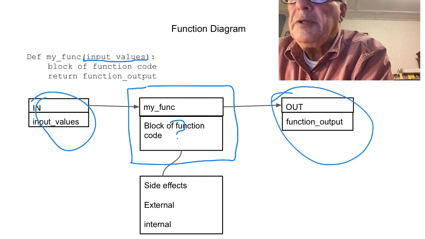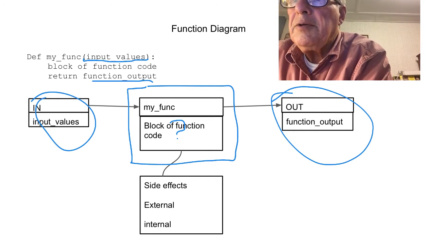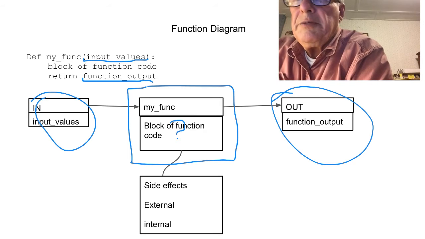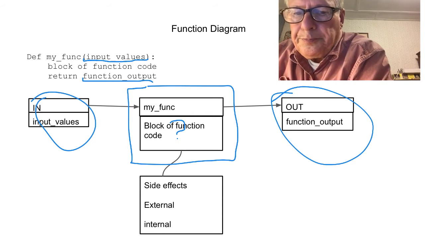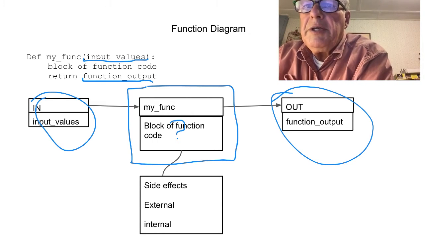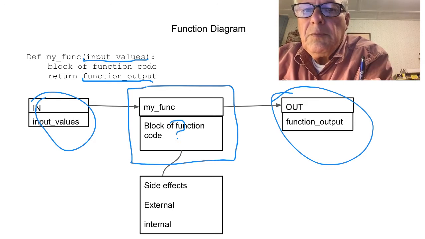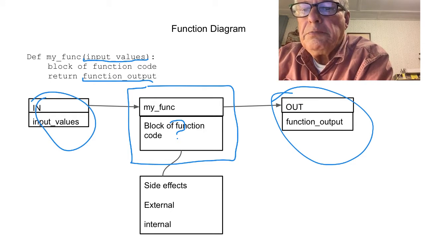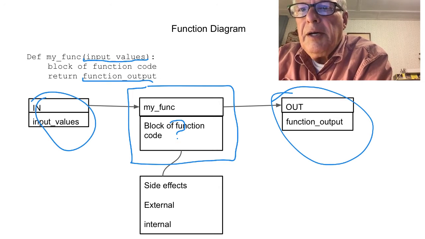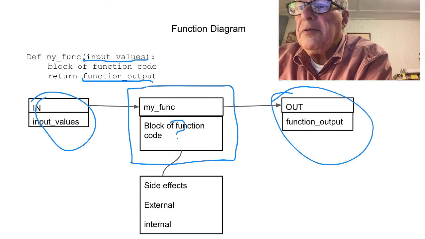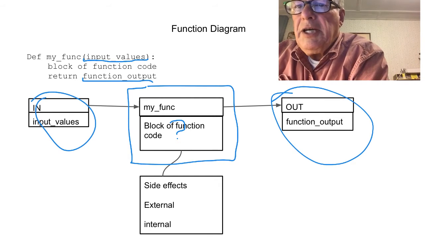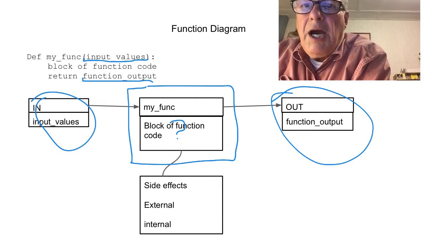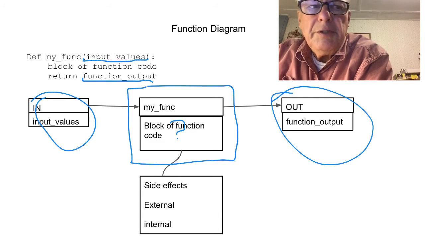The output takes the form of what's returned by the return statement. And generally, well-written functions, with an exception that we'll talk about, that's what they do. But functions can also have what are called side effects. And the side effect is when the function does something other than return a value through the return statement.